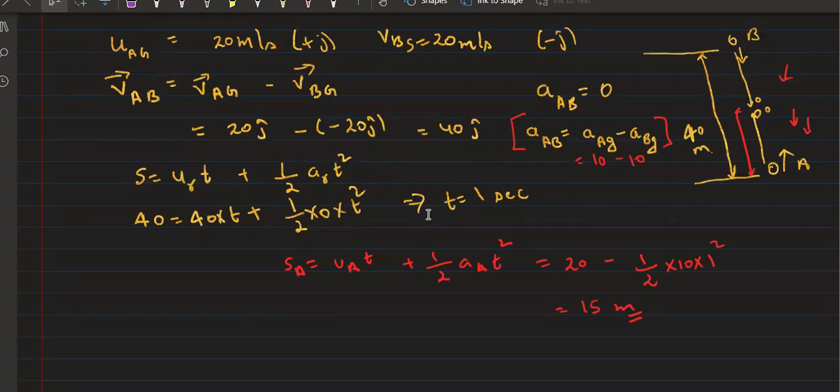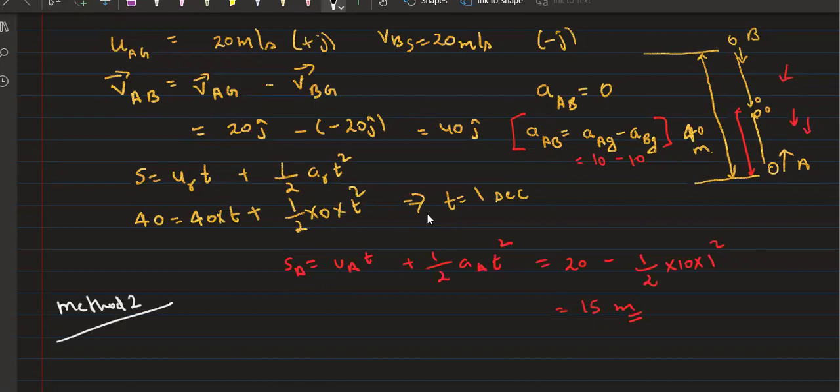The second method is a bit calculative. What you have to do is find the distance covered by B in t seconds and the distance covered by A in t seconds. Since the time taken would be the same, SA plus SB should be equal to 40. Method 2.